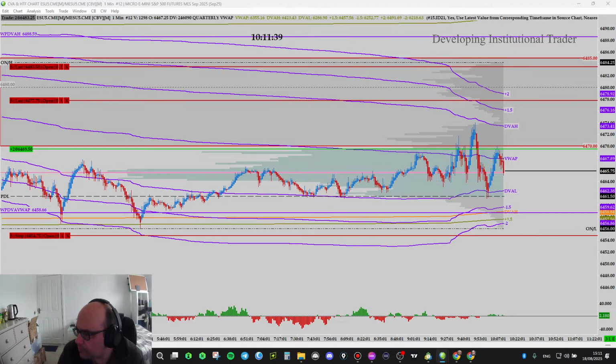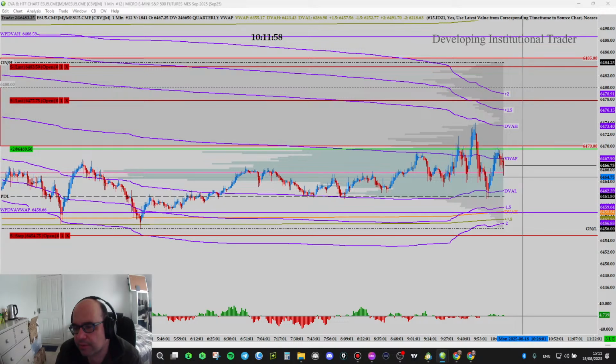Yeah, we can see that there's heavy selling pressure there. The buyers are still on the defensive and they are holding the place. It seems that the buyers are stepping in at about 64.67, like about here.